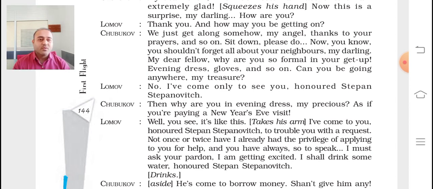You can see the words, my treasure, my precious. So these are very warm words used for someone very close, right? As if you are paying a New Year's Eve visit. Usually at our New Year, we wear new clothes and get dressed up very well, right? In the same way, Lomo has dressed up very well.